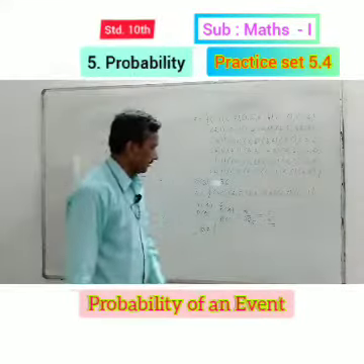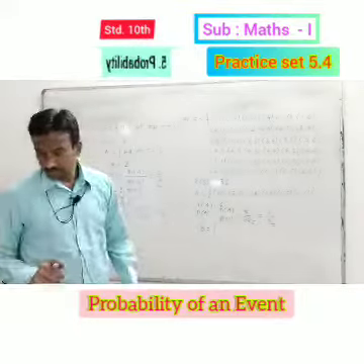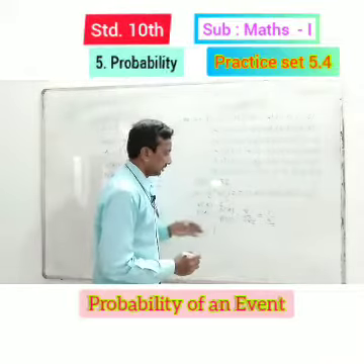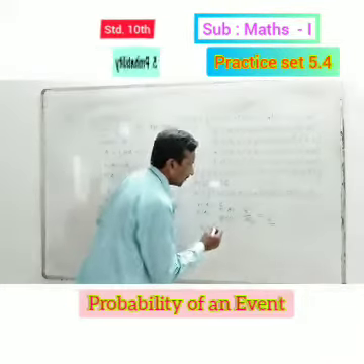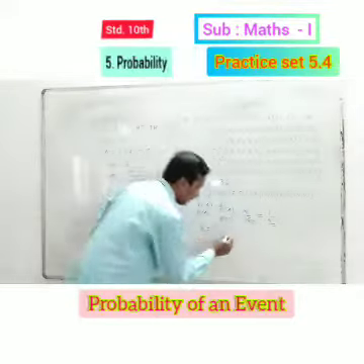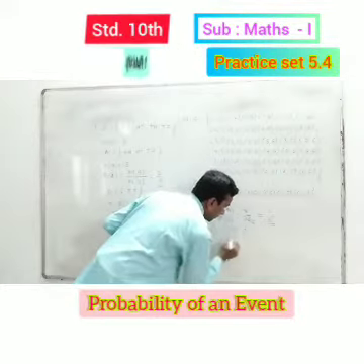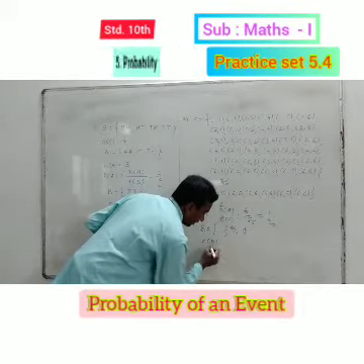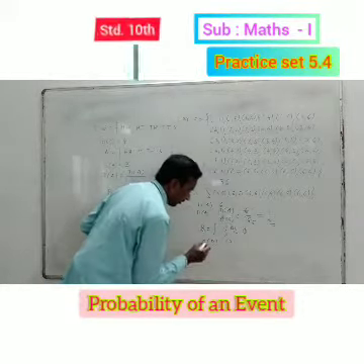Then there is no possibility of the sum of the digits on the upper faces being 33. Therefore, set B is an empty set or null set phi. Therefore, number of B contains no elements, means 0 elements.